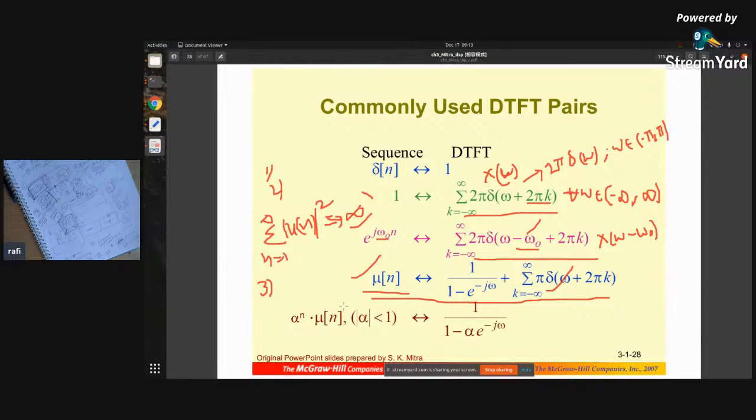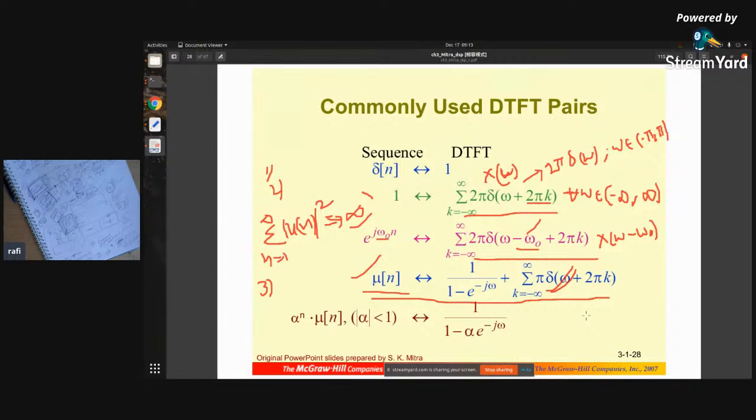For such signals, this will be the Fourier transform. For the first two cases, you have a practically meaningful DTFT. For the third kind of signal, where energy is infinite and it is not absolutely summable, you can still have a DTFT, but you should allow impulses in the frequency domain.